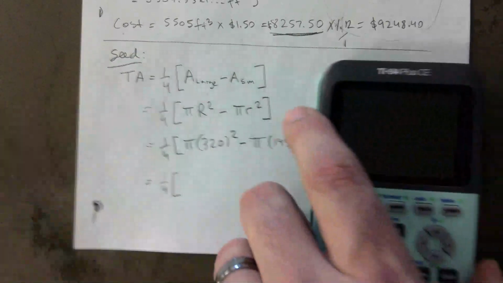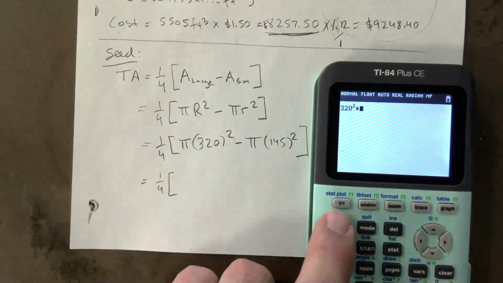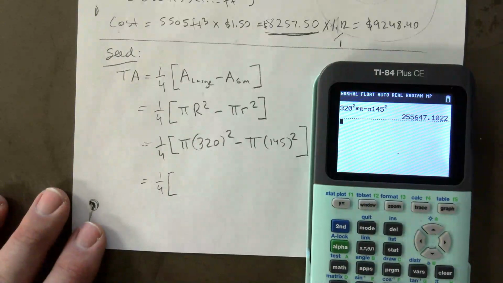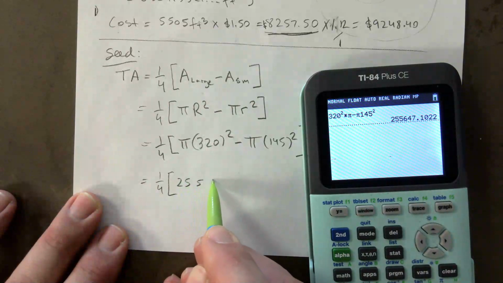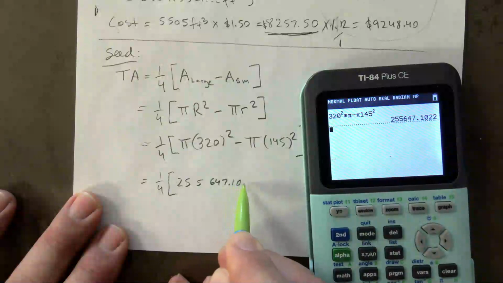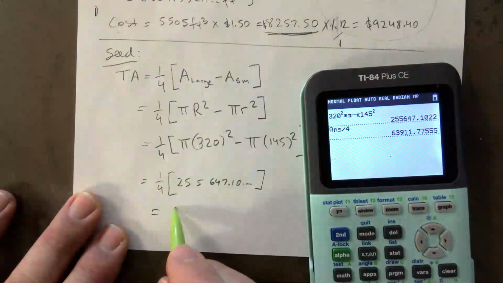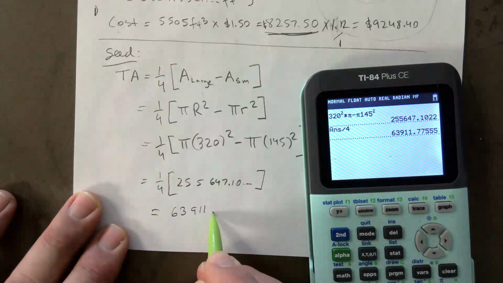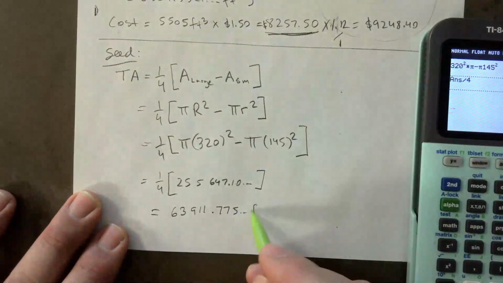I'm doing this with you, just in case. 320 squared times pi. I'll just do that all in one shot. 25,647.10 something, and I quarter that. That's 63,911.75 something. We're not done yet, right?